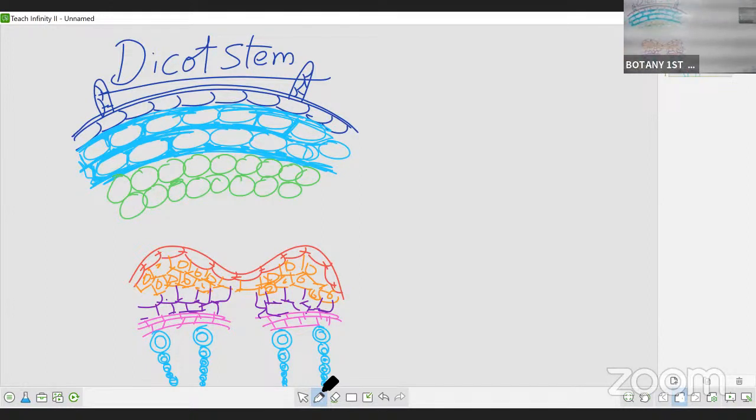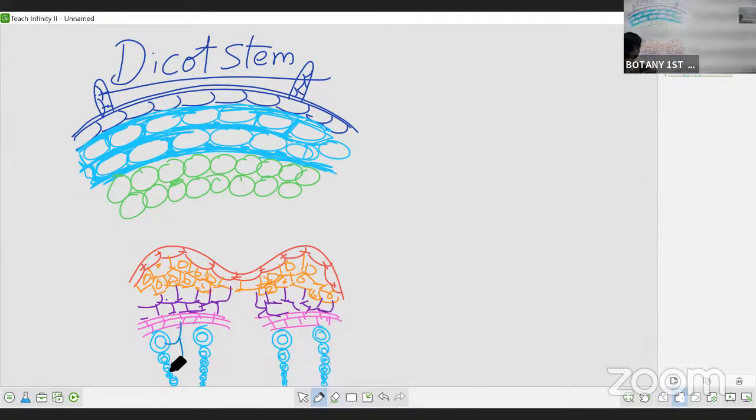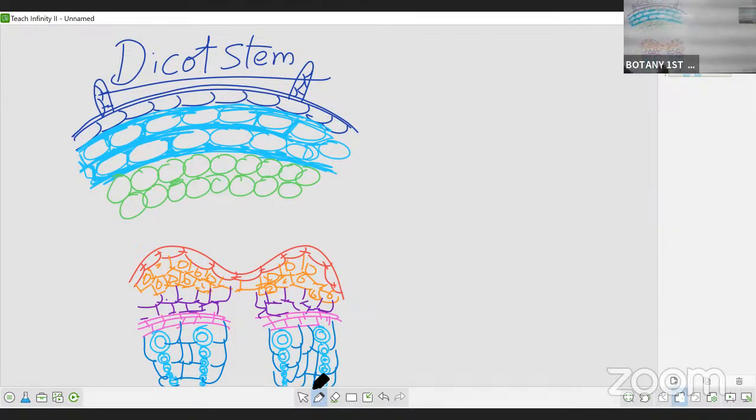Okay, and in between the two xylem strands, entire cells are filled up with the sclerenchymatous cells placed without intercellular spaces.